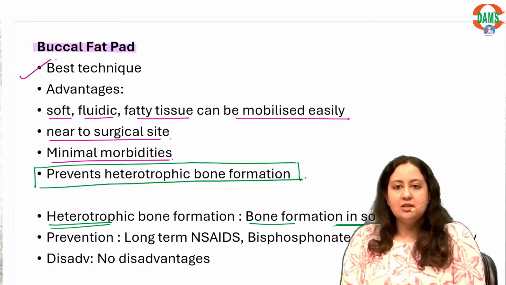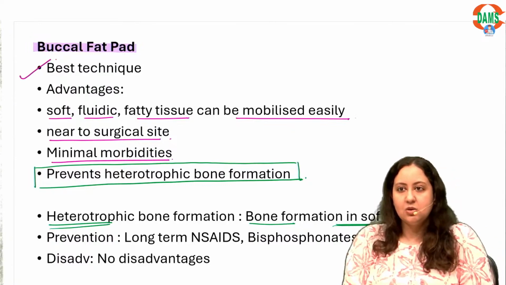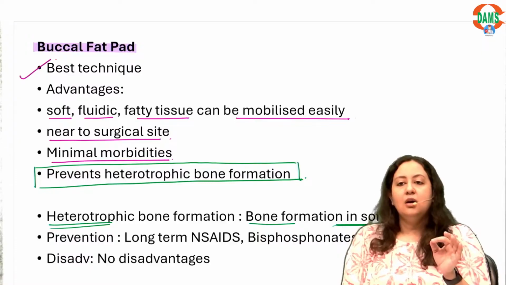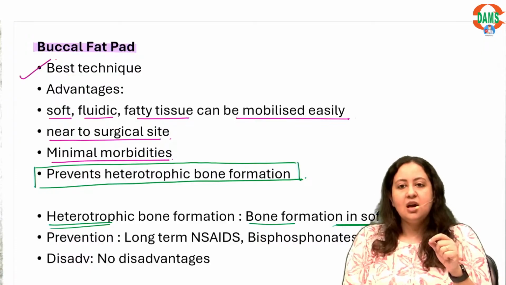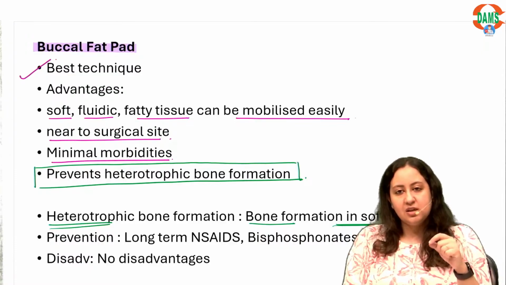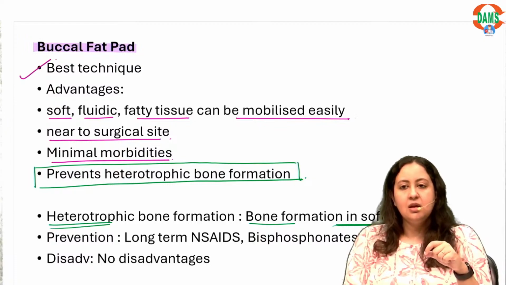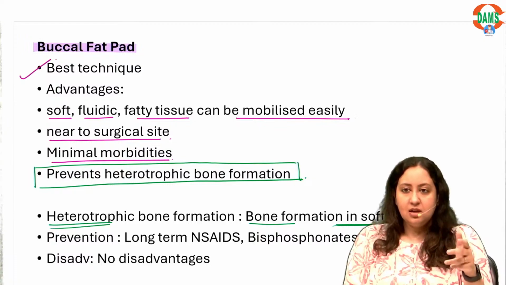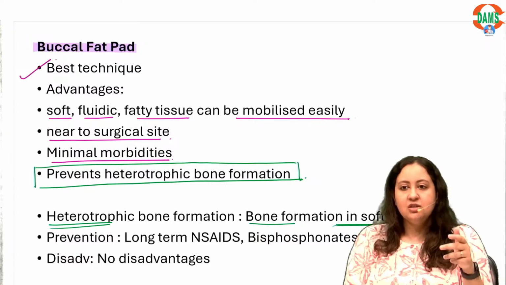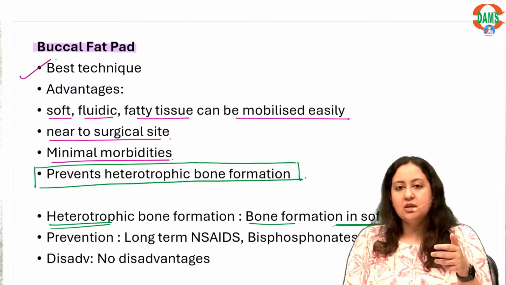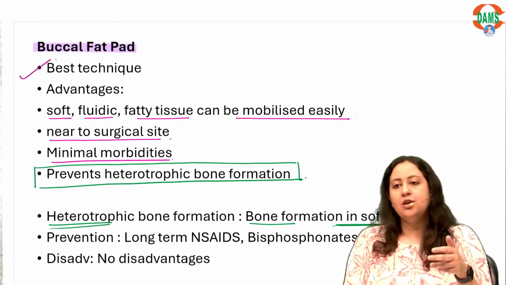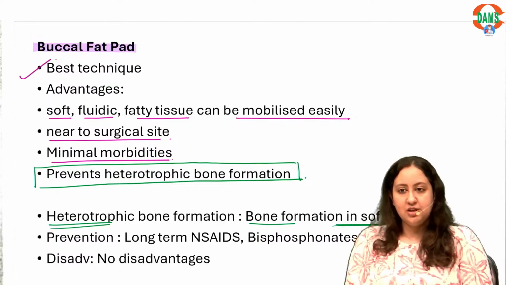Now why this point is important, I have explained this in class also to everyone, that it was seen that even after using various interpositional materials, in few cases in patients still reankylosis was occurring in spite of using a glenoid fossa lining material or in spite of using an interpositional material.